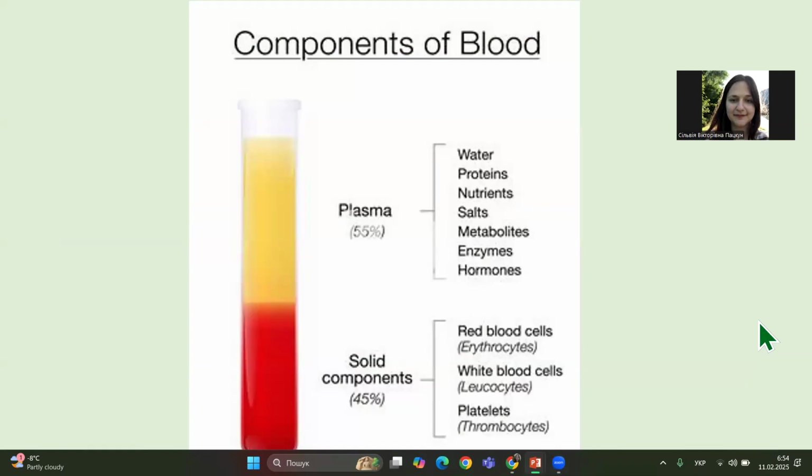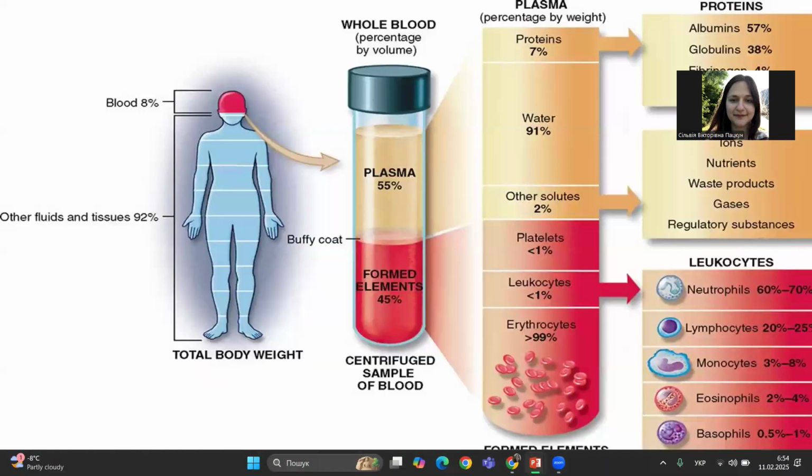The main components of the blood are blood plasma, which makes up 56%, and formed elements of the blood, which make up 45%.